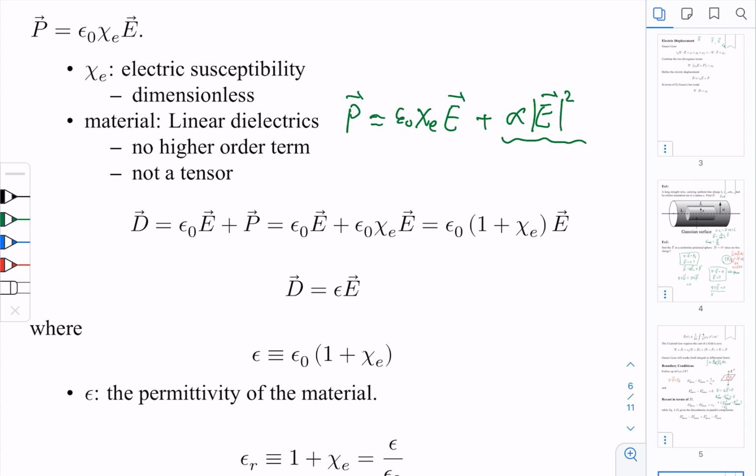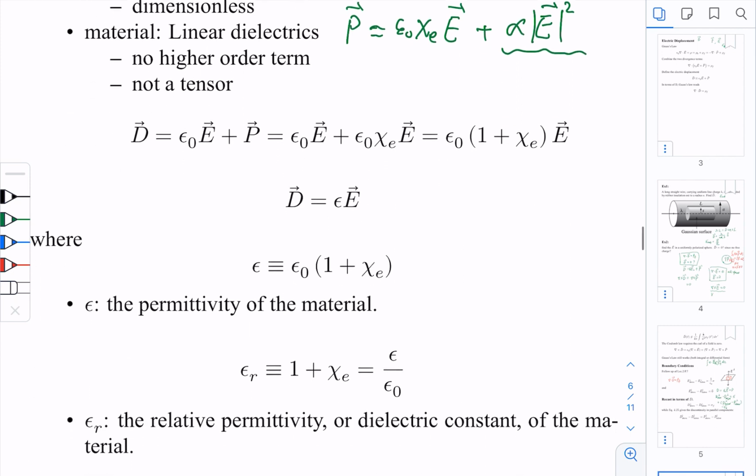We can combine the two terms together, and it simply means epsilon naught times parenthesis 1 plus chi E. And this whole factor in front, we can define to be the permittivity of this material, and it's called epsilon.